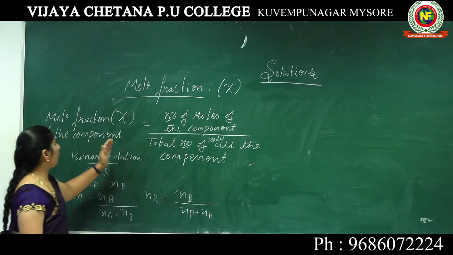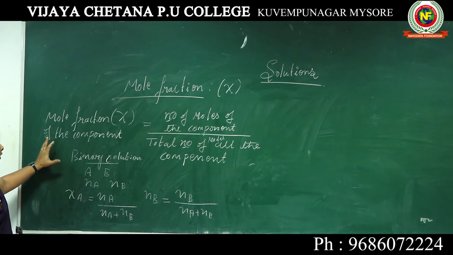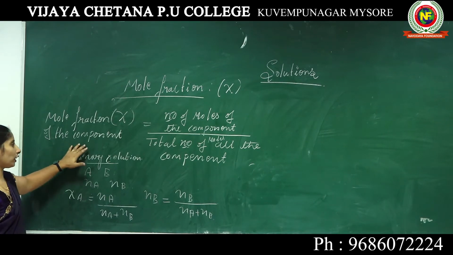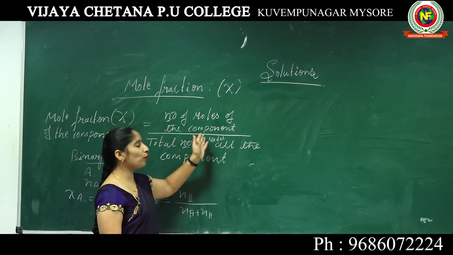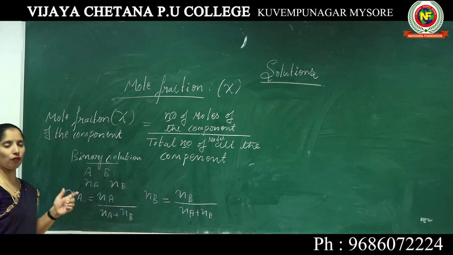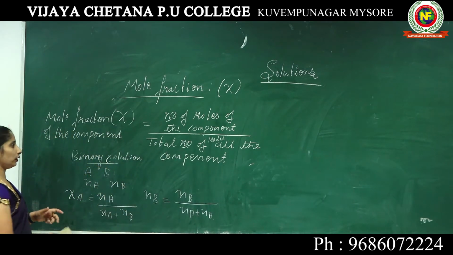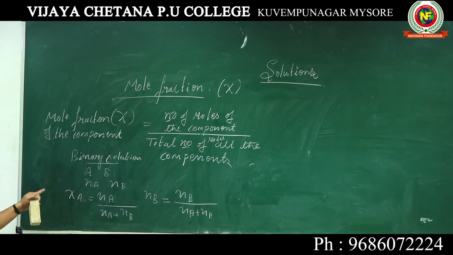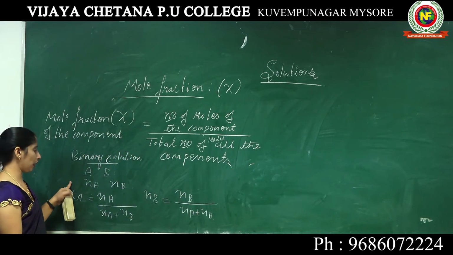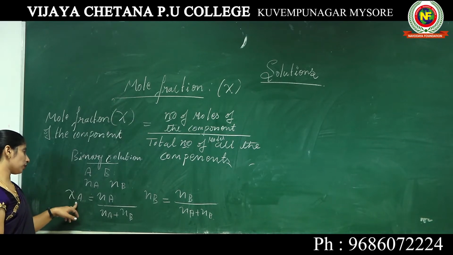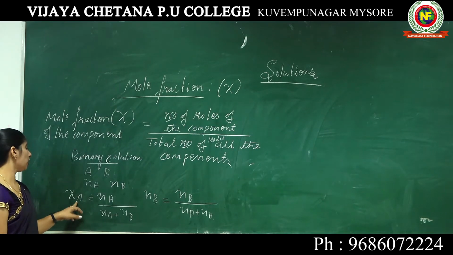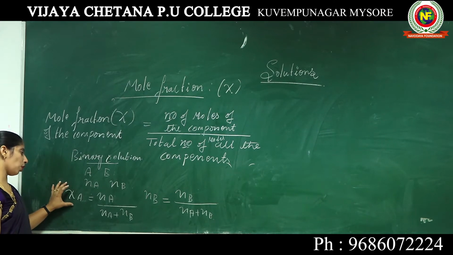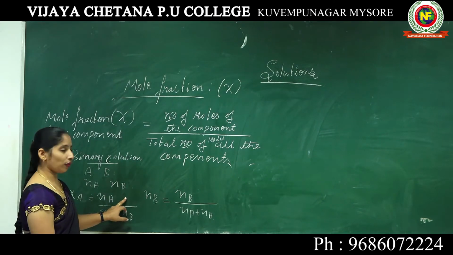Now you come to the mole fraction. So mole fraction is nothing but what? The mole fraction of a component is the number of moles of the component divided by the total number of moles of all the components. If it is a binary solution, having two components, you write this type of equation for one component, and for the other component you write a similar equation.